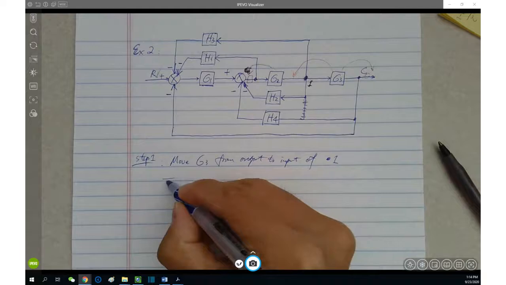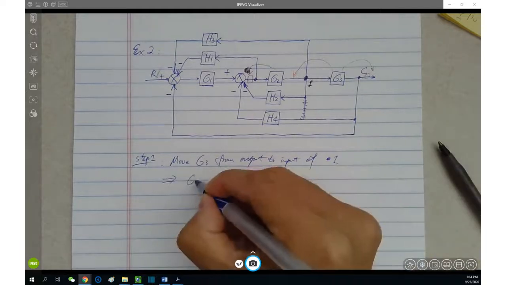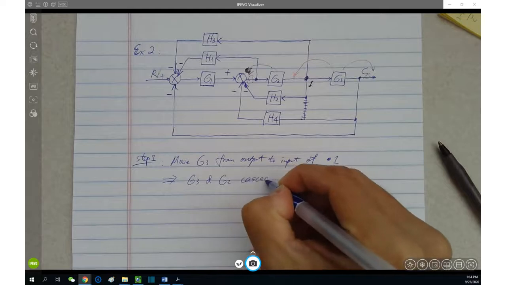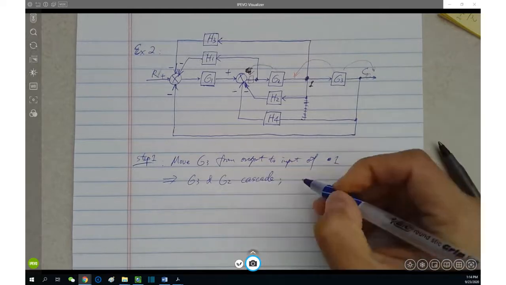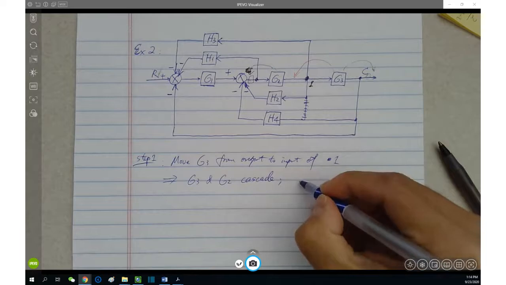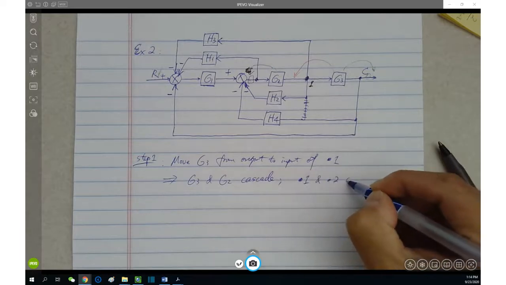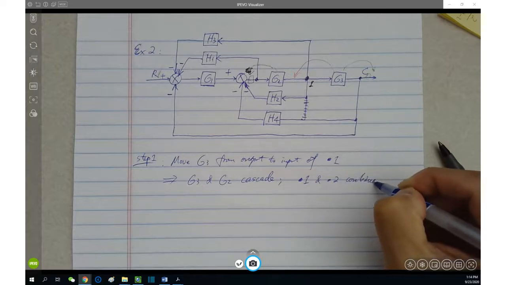And then you can imagine the G2 and G3 cascade, also pickoff point 1 and pickoff point 2 combined. By 2, I mean this one.